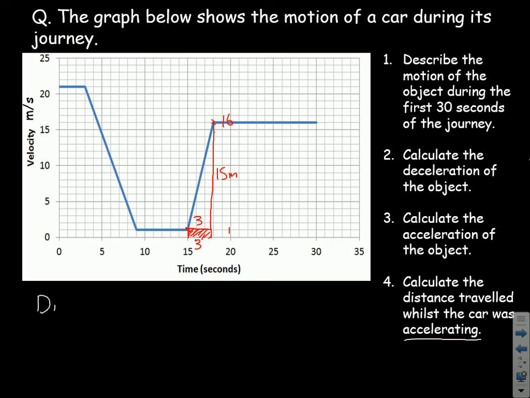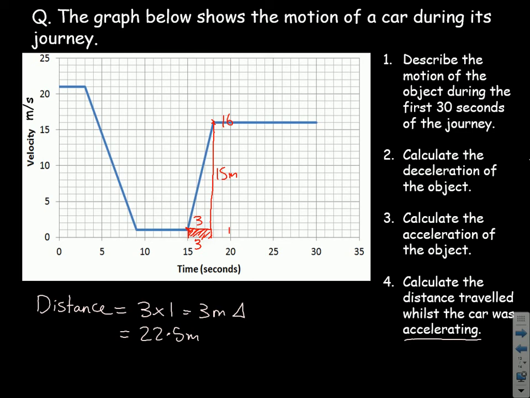So we'll start off with the area of the little box, which is the easy part. So the distance equals, for the box, 3 multiplied by 1, which obviously gives us 3 meters, and then we have our triangle, which is 15 multiplied by 1.5, which gives us 22.5 meters.